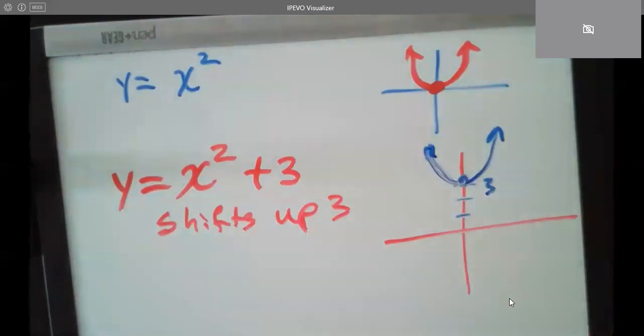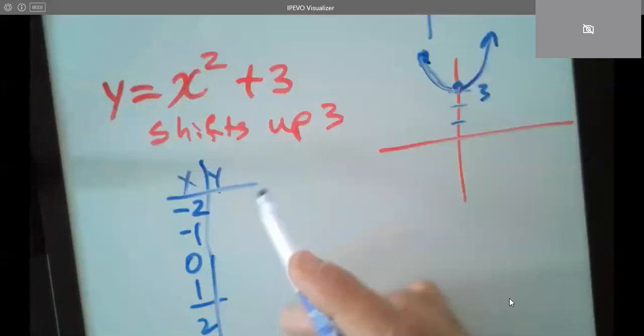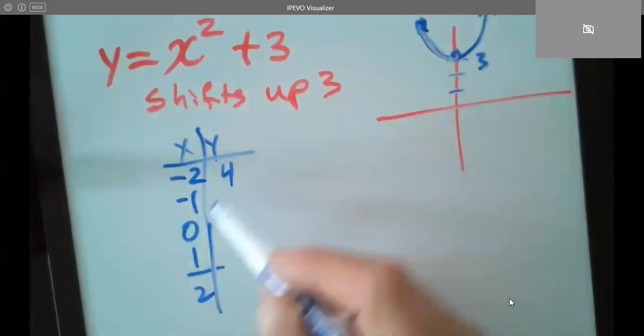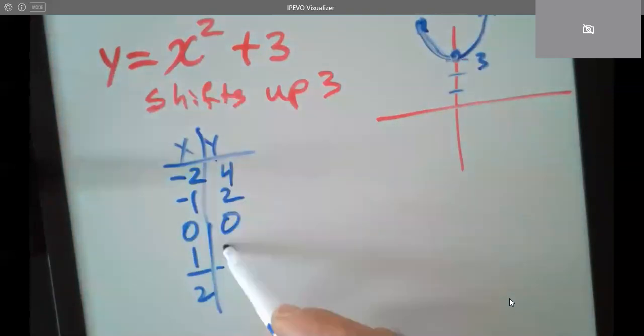In the past, we did a whole table of values to graph a function where we had x and y, and we put in -2 and -1 and 0 and 1 and 2. Remember that? And then we plugged in these numbers. -2 squared is 4, -1 squared is 1, 0 squared is 0, then 1, 4.